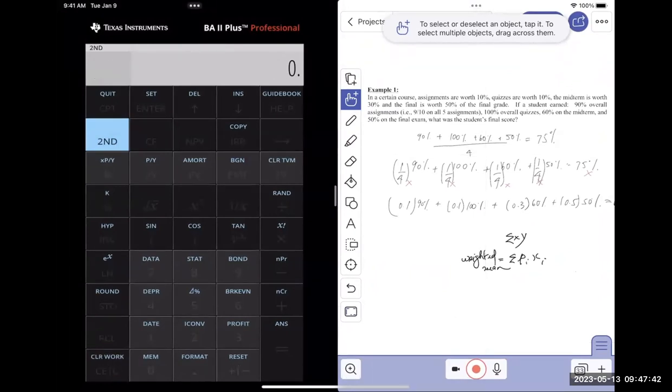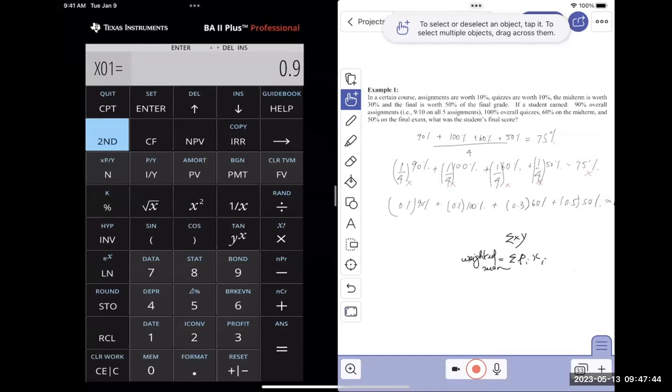So second data, I enter the data with all the values: 90, 100, 60, and 50, and now I'm just going to put the weights in as y.